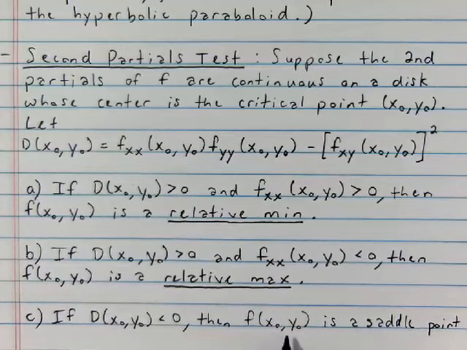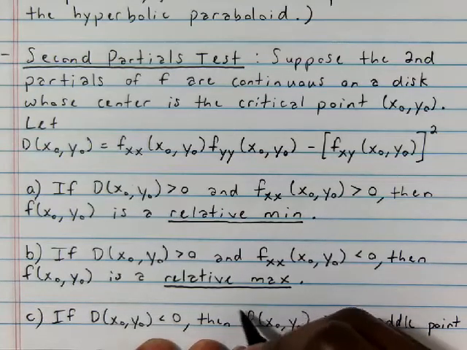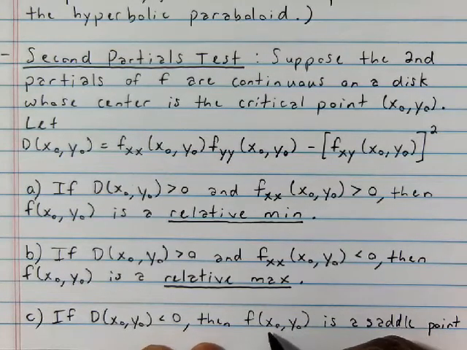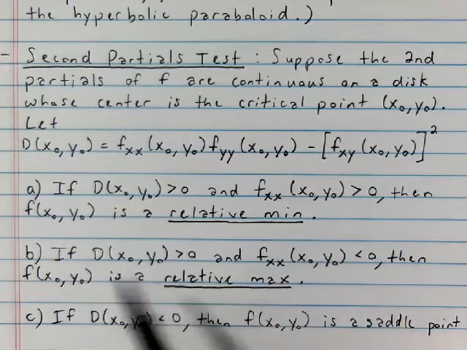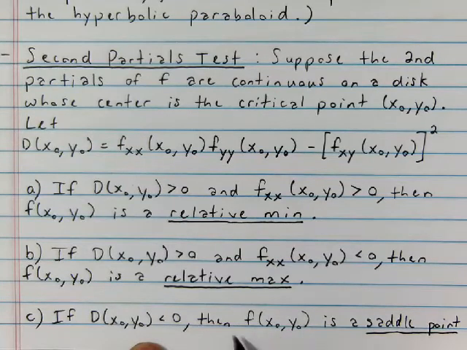Or actually, this one should say (x naught, comma, y naught, comma), because I just gave you the z value. When we say relative max or relative min, we can talk about the value as a relative max, the value as a relative min. When we say saddle point, I actually should be giving a point, not a z coordinate.